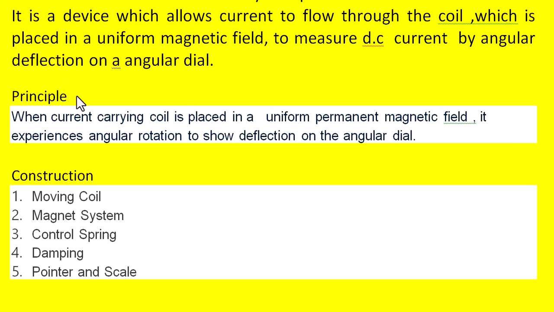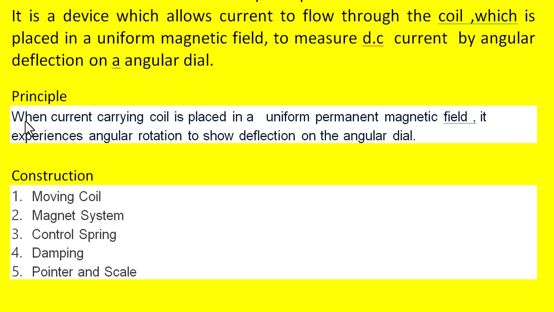Next, principle. This follows motor principle, that is Fleming's left hand rule. When a current carrying conductor is placed in a magnetic field, the conductor experiences a mechanical force to rotate.